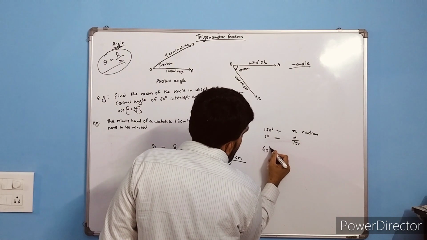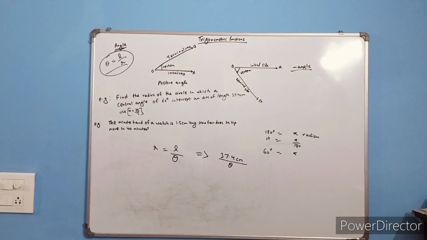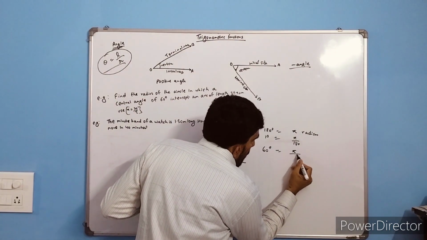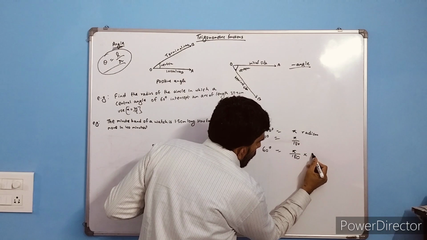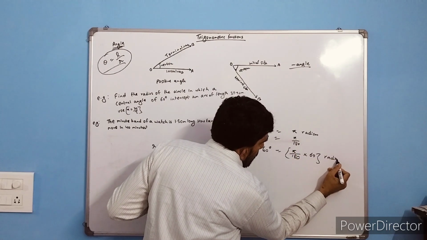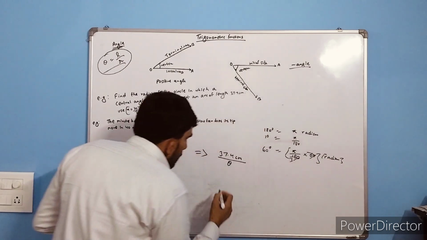Now 60 degrees is equal to pi upon 180 into 60, which in radians is pi upon 3.